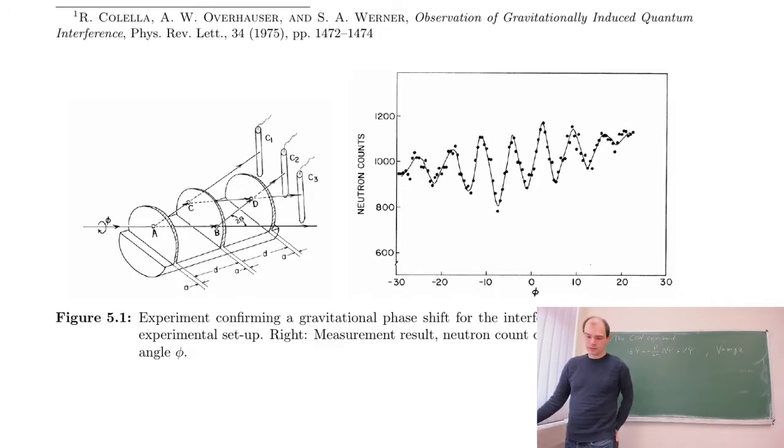So it was a single crystal that neutrons can go through, and then they essentially go through what acts as like three mirrors, acting through Bragg reflection. The neutron beam gets split up in two possible paths.